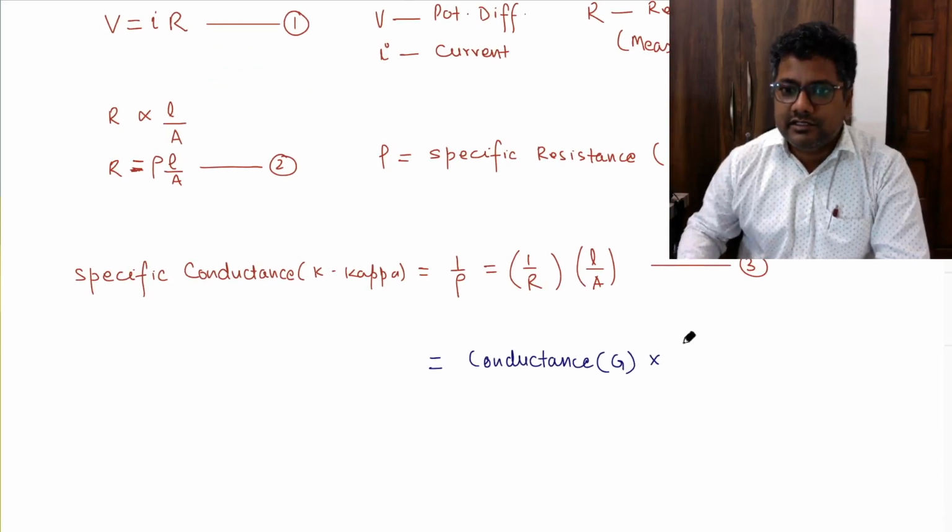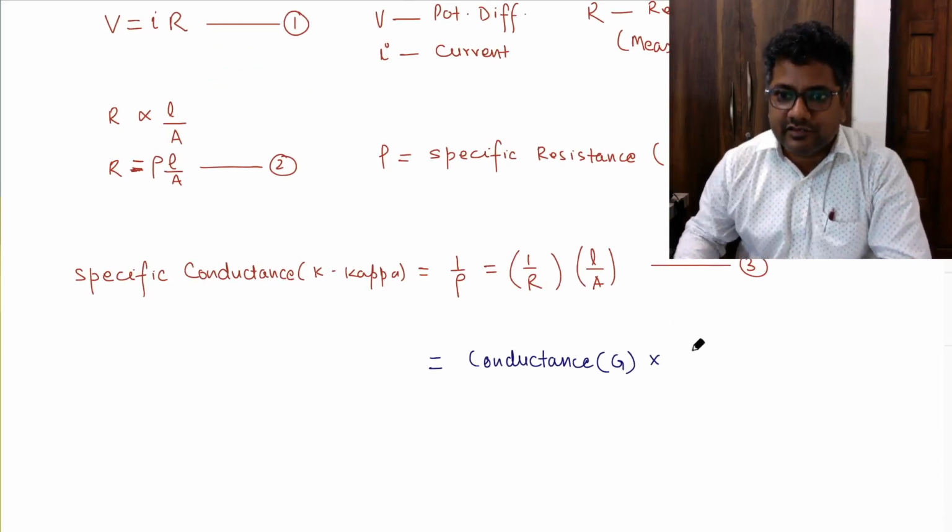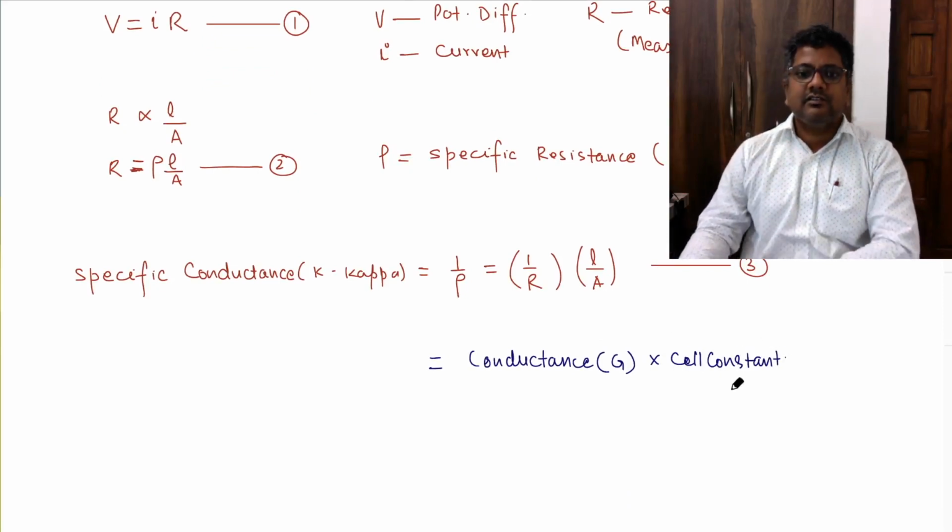So L by A is constant for a given cell, and this is called the cell constant.